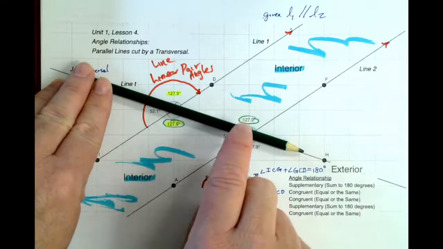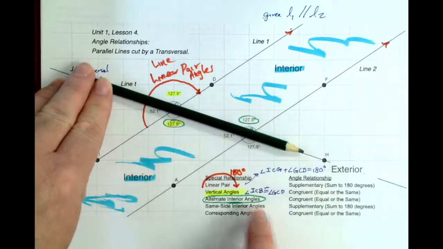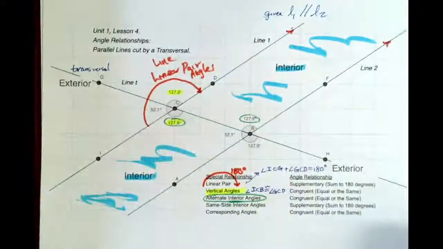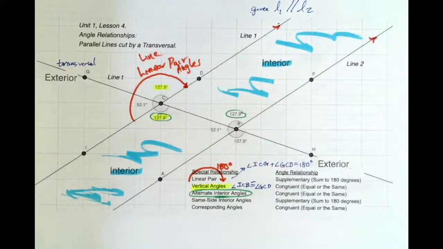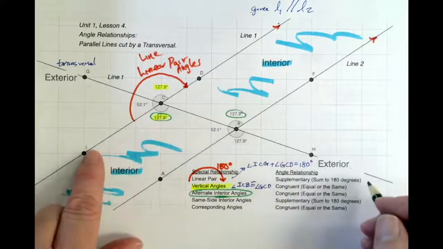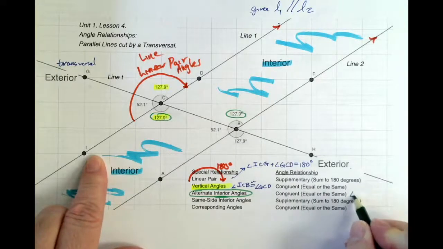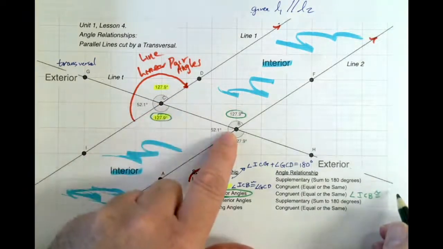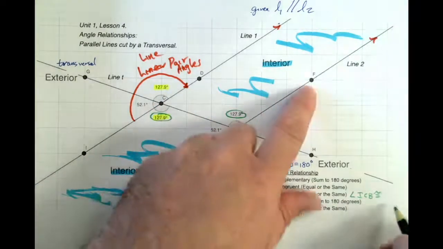What is their relationship? The relationship is that they are congruent. So if we need to make a little statement here, I'll use my green pencil, and I could say that angle ICB is congruent to CBF.